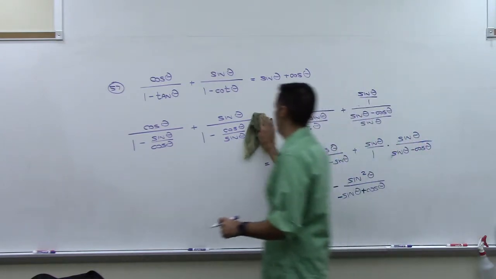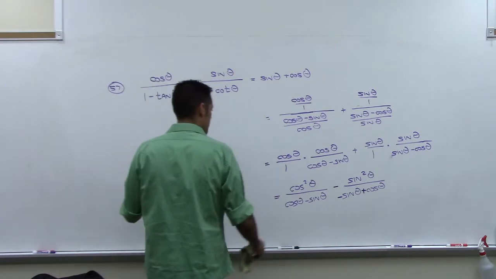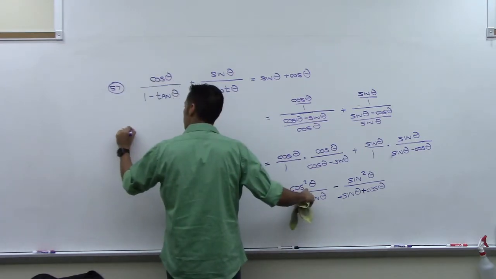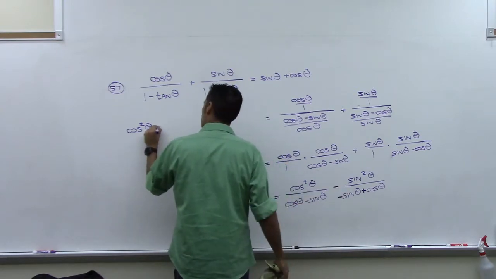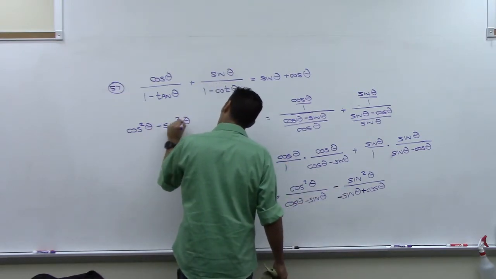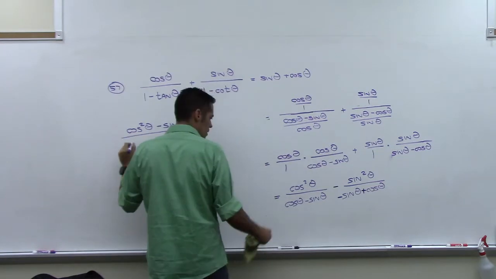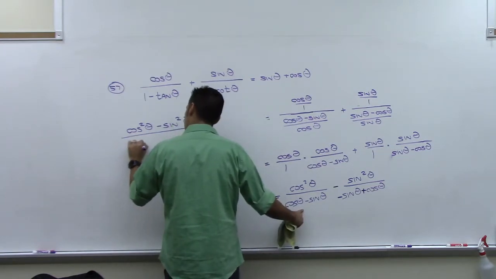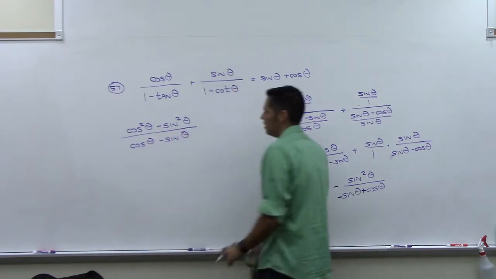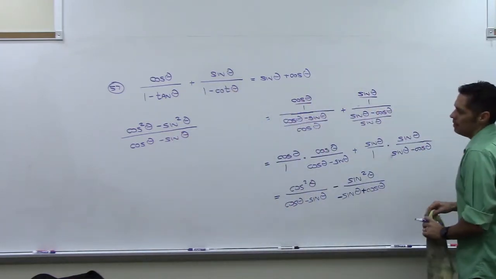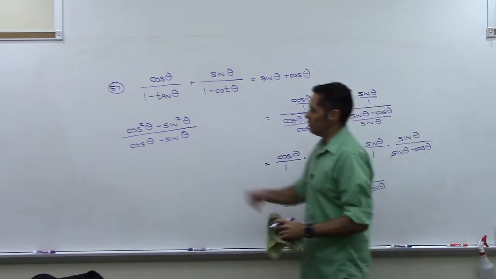So that now becomes cosine squared theta minus sine squared theta over the common denominator, which is now cosine theta minus sine theta. I see it. All right, the numerator is a difference of squares.